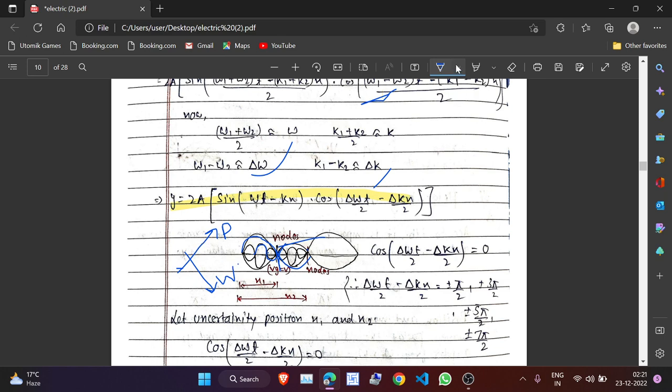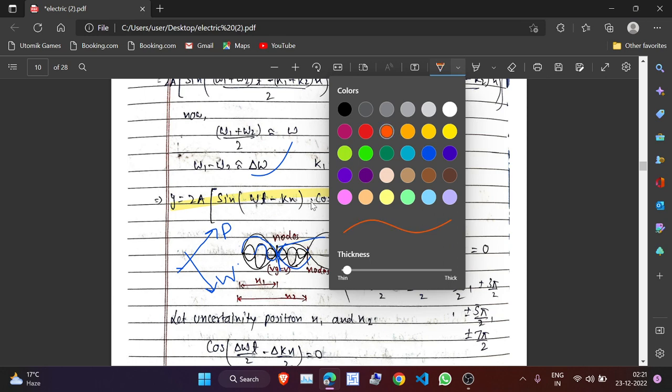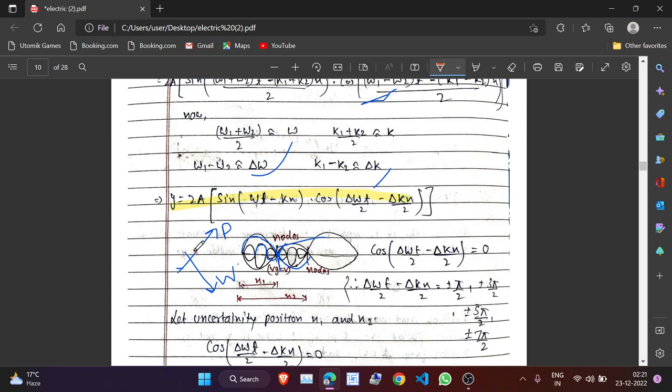Both make an angle of 90 degrees at the nodes.